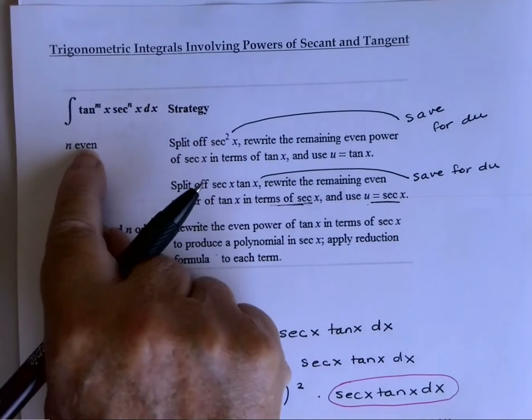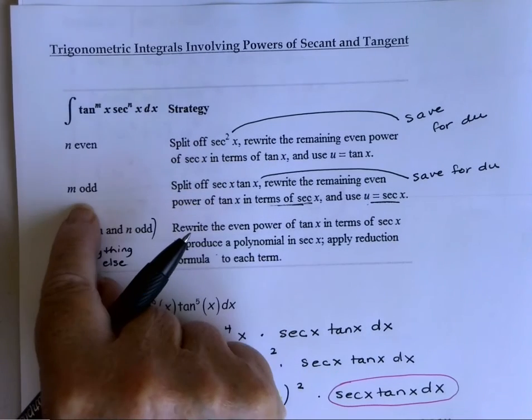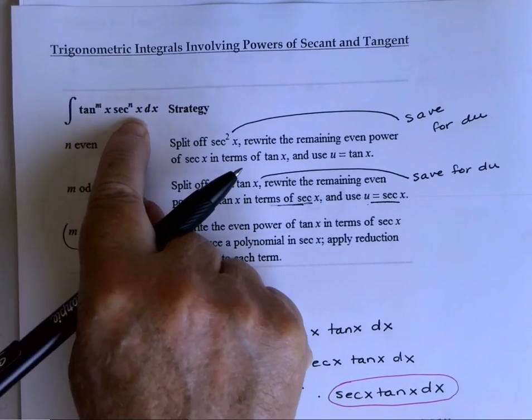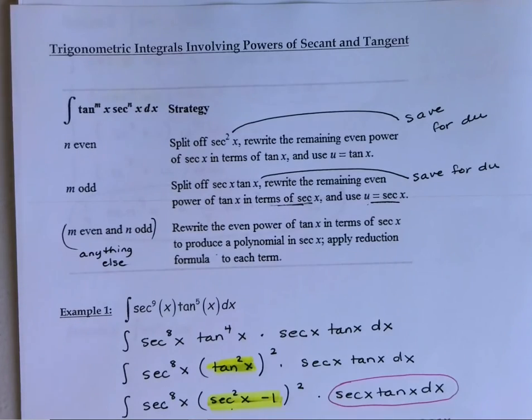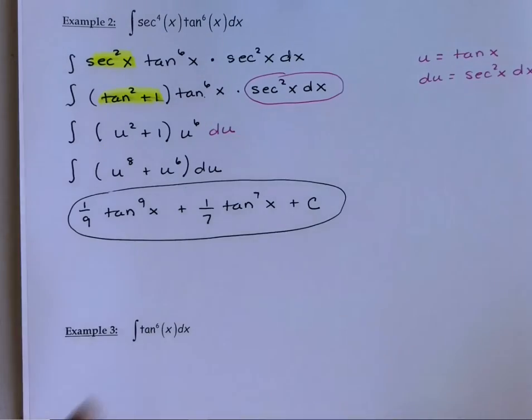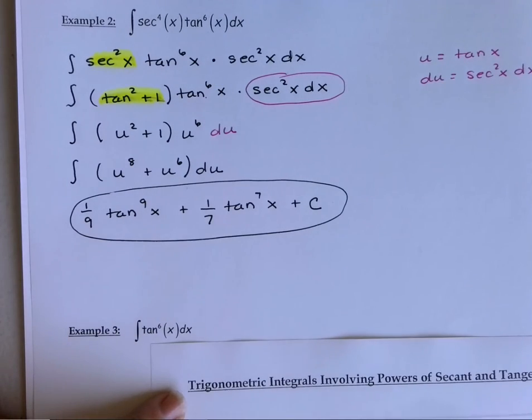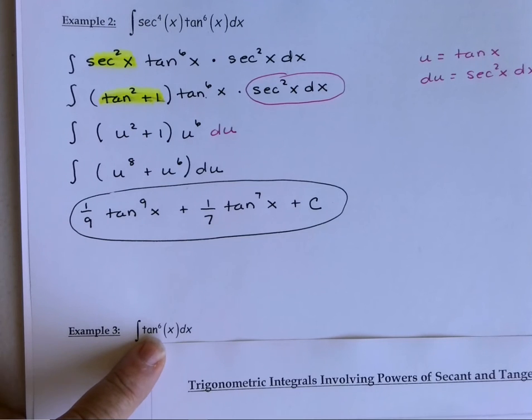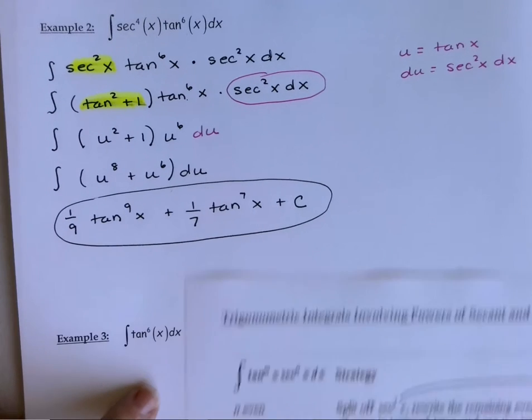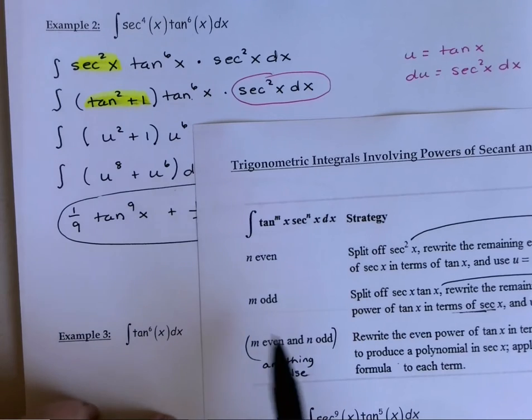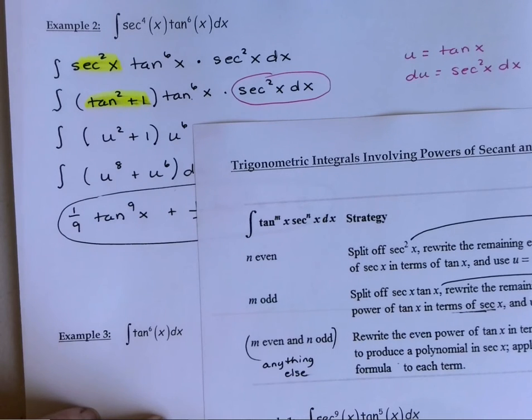Basically, anything other than an odd power of secant, an even power of secant, or an odd power of tangent. That actually happens down here in that tangent to the 6th, right? There is no secant at all, but the power here, the m, is even. And I don't have an m even listed over here in my table. I can only do what we've been doing with m odd. So that puts me in this case.